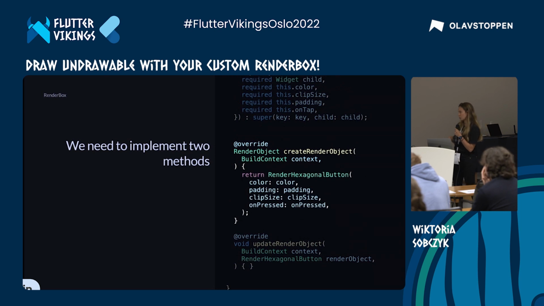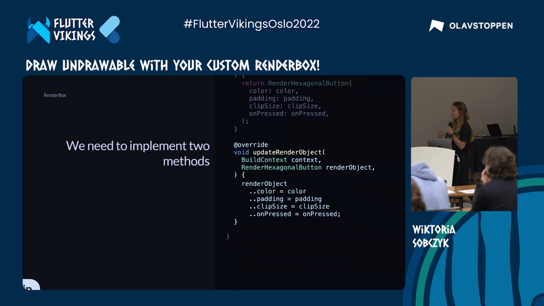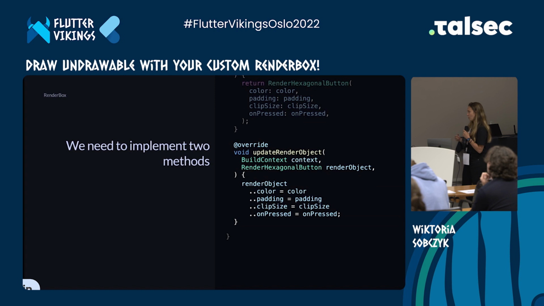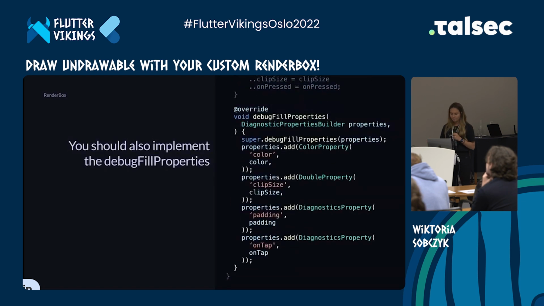The first one is similar to a factory method. It will be invoked when we create our render object, our render box, and we can use a solution similar to what we have in our constructor. And as we can see, we have the update render object method. We update the properties. This method will be invoked automatically when each property is updated. Okay, and that's all.